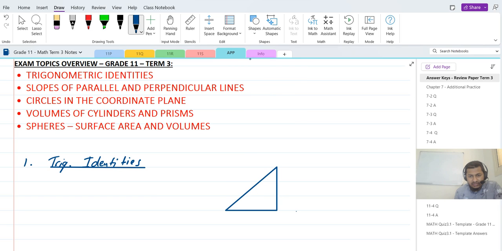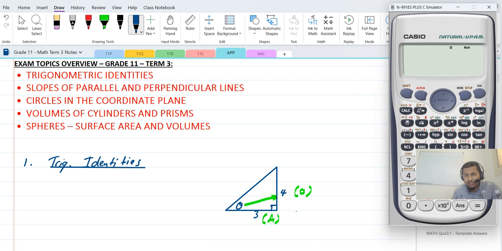So if I just put 3, 4, and this is the angle theta, we can see directly opposite that is 4, so that's the opposite. This is the adjacent, and the hypotenuse will be 5, because using Pythagoras you are going to say square root of 4 squared plus 3 squared.